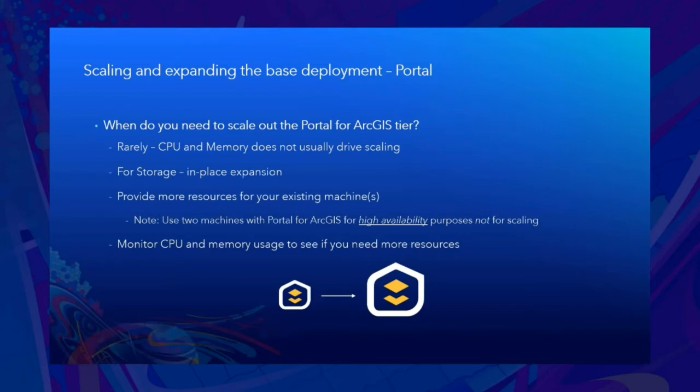It's to give you the resiliency that you need and to give you that high availability requirement if your organization needs that. So what do we think about here when we're talking about scaling and it comes to Portal? Monitor your CPU and memory usage, scale up if necessary, and then keep an eye on that storage and then scale out that storage as needed.